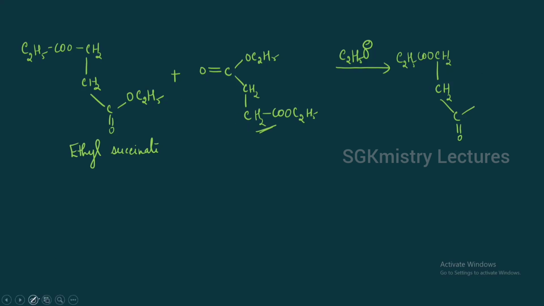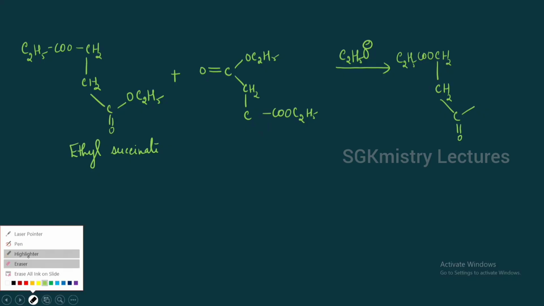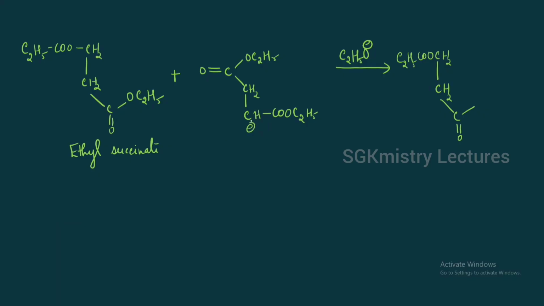So now let me write it here itself, so that I can reduce the number of steps. Now this becomes minus. This attacks the carbon, and this leaving group is removed, right? So now this CH attacks here, the CH, COOC2H5.